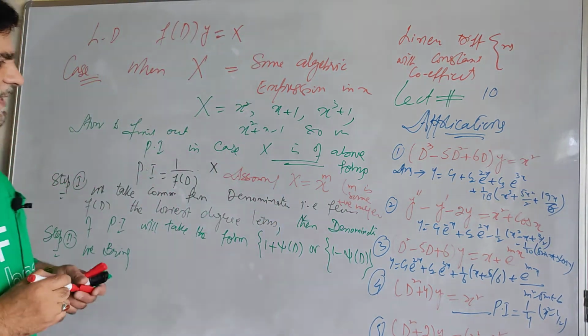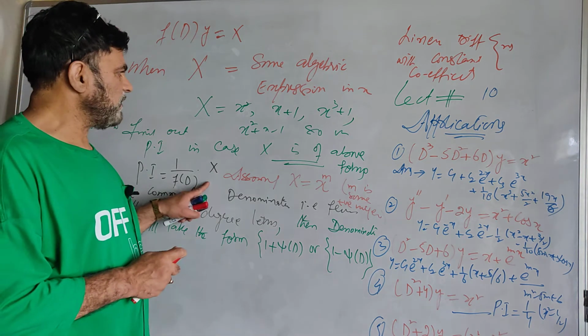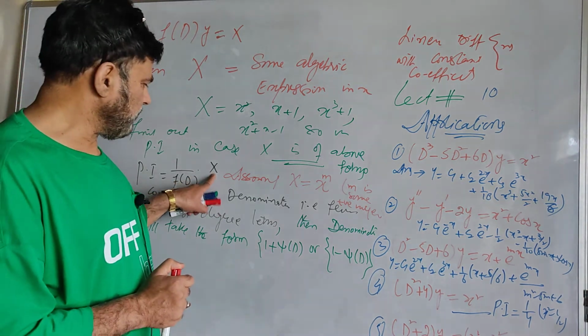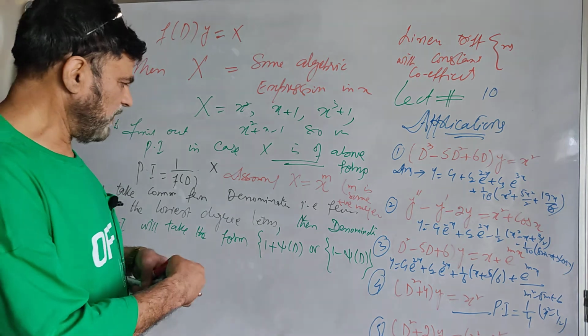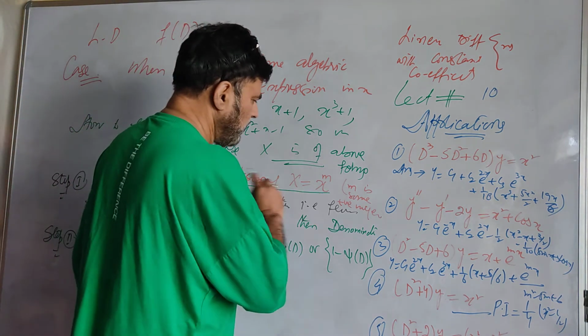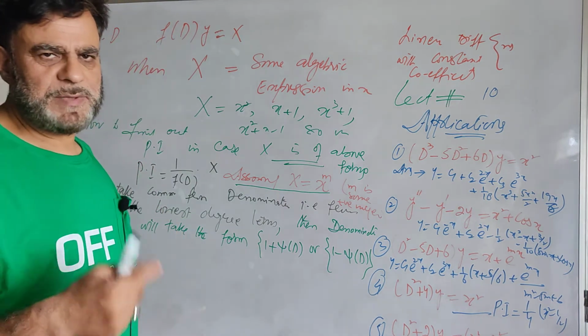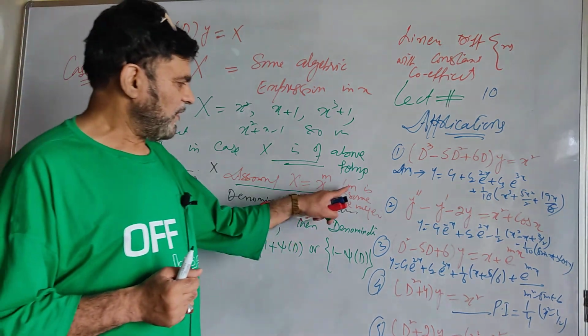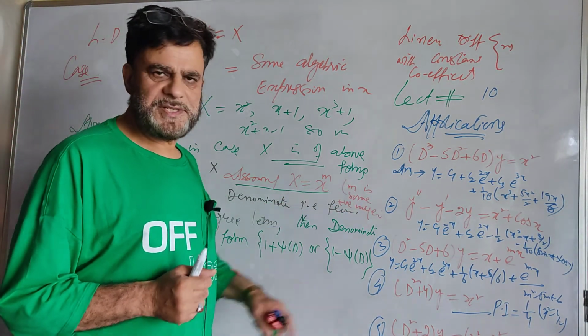I am assuming that our X is here an algebraic expression. We assume here that our X is x raised power m, say x cube, x square, something like that, where m is some positive integer.